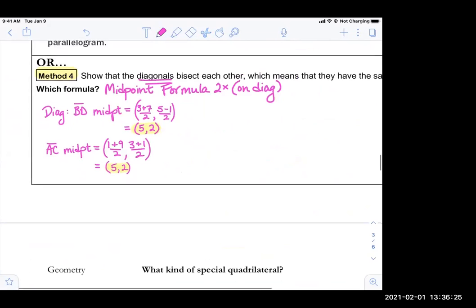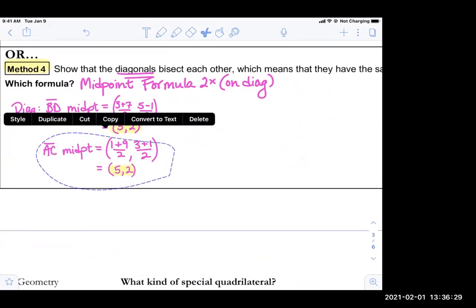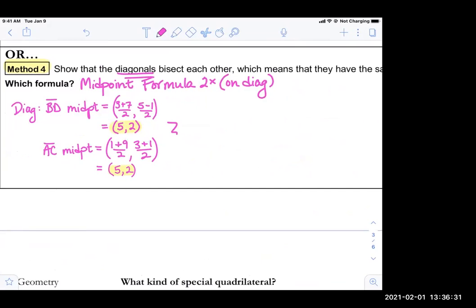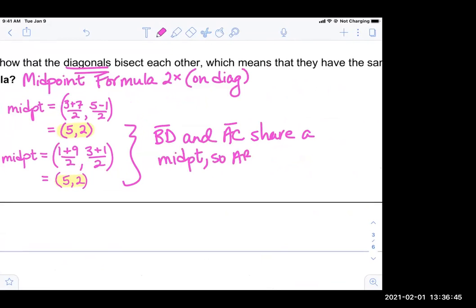So since BD and AC share a midpoint, ABCD is a parallelogram.